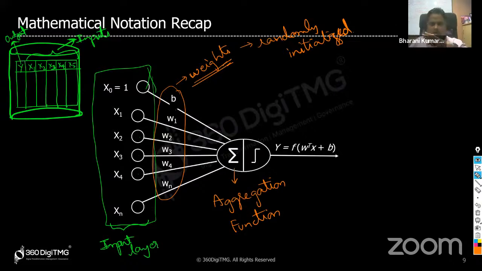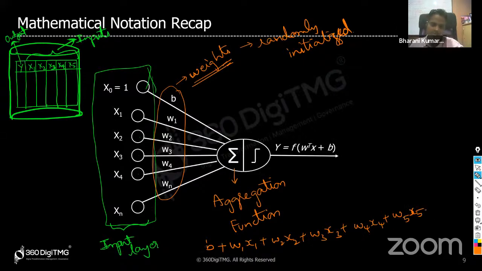So what you do is b into 1 will give you b, plus w1 x1, plus w2 x2, plus w3 x3, plus w4 x4, plus w5 x5.